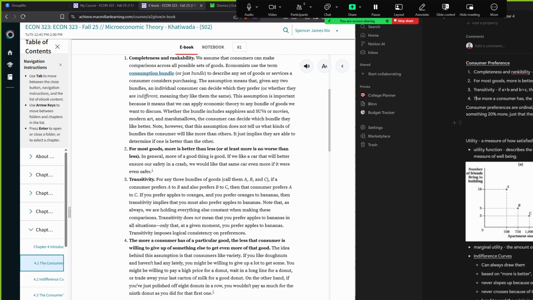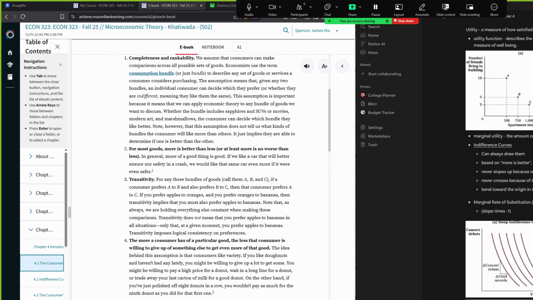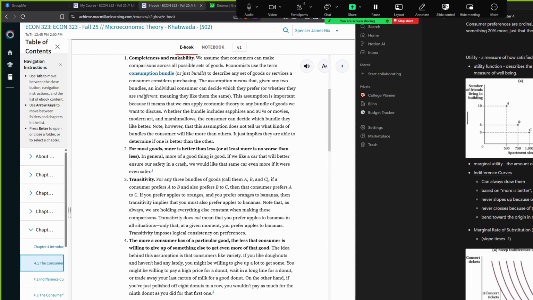And then the final thing is the more a consumer has, the less they're willing to give up to get more. If I have the option between buying apples or bananas, and I already have 100 apples, I would give away 10 of my apples to get even one banana, because I have so many apples and no bananas.